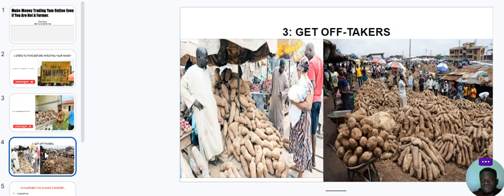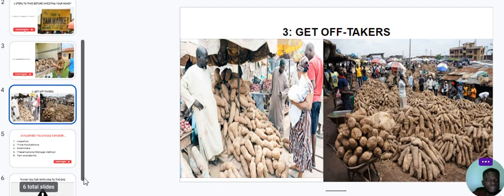Of course, it's also a good model if you don't want to be stingy, and if you don't want to make much profit, you don't want to eat alone. You can share the money with them, right? You bring the yam, you give it to them, they sell, and then they give you your own part, your own profit. Maybe you negotiate with them and see how much you take and how much they will give you.